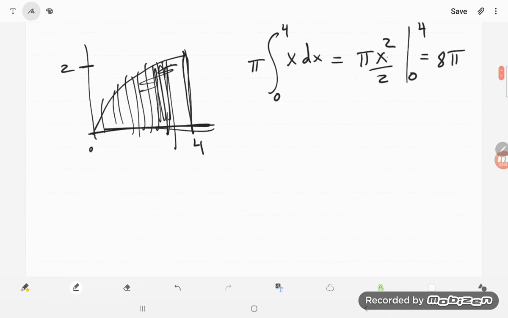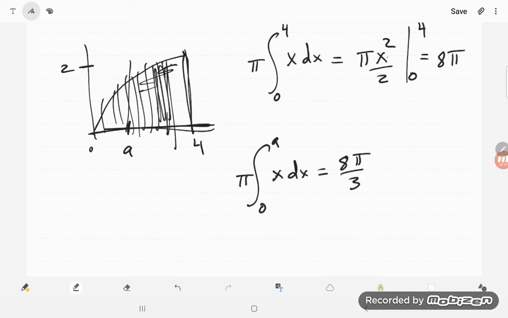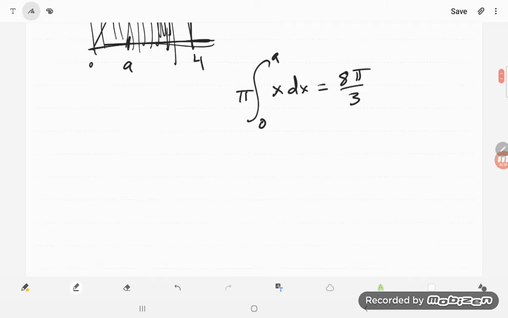Now, what that tells me is I want to find an x value such that, now I don't have to call it x, I can just call it a. And what I want to do is find a so that the integral from 0 to a of pi times x dx is equal to 8 pi over 3, because that would be splitting it into thirds.